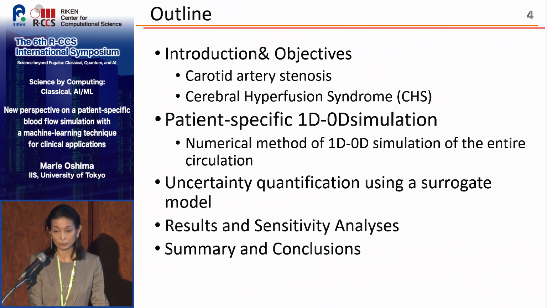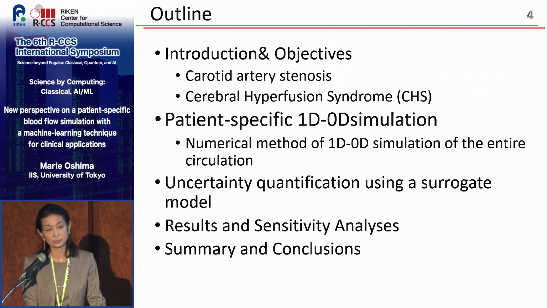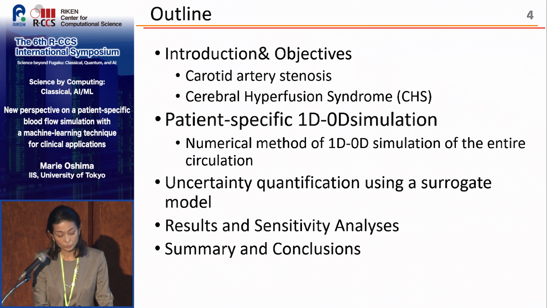Usually, we incorporate medical image data of a patient-specific data, and that would contain uncertainties, and that would affect the simulation results. So that's why we need uncertainty quantification. I'm going to talk about why we need uncertainty quantification, and how we're going to perform it.